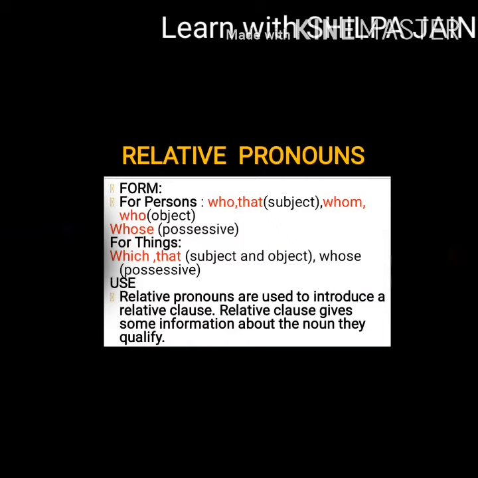For things we use which or that. That can be used for both living things and non-living things. So whether it is a subject or object, we can use which or that. And again, whose is used for possessive.